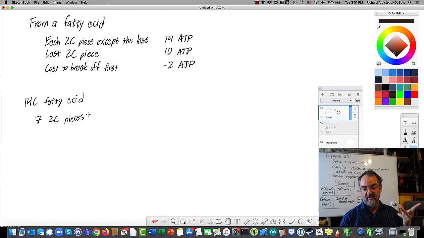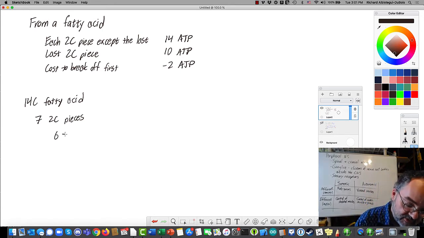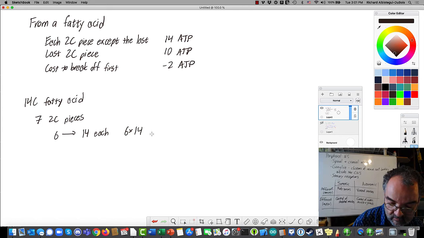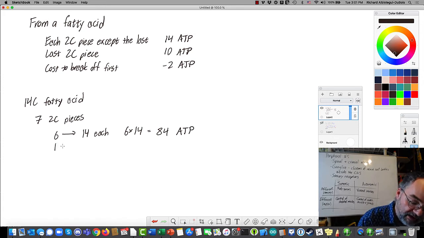In 14 carbons, if I put it into pieces of 2 each, that's 7. 6 of those will get me 14 each, because those are the ones I have to break off. So 6 times 14 is 84 ATP. 1, that last one, gives me 10.